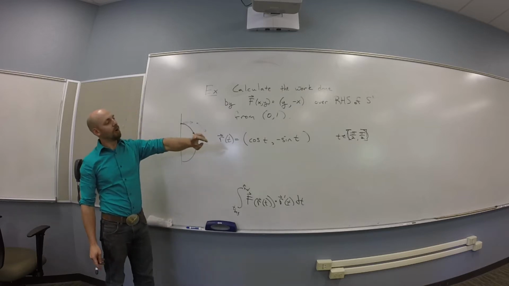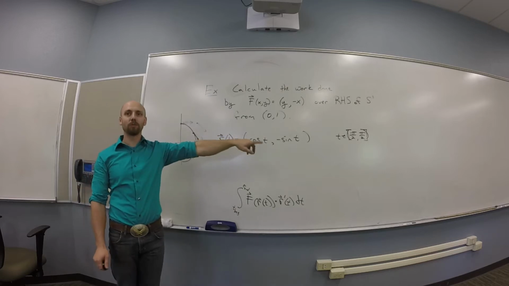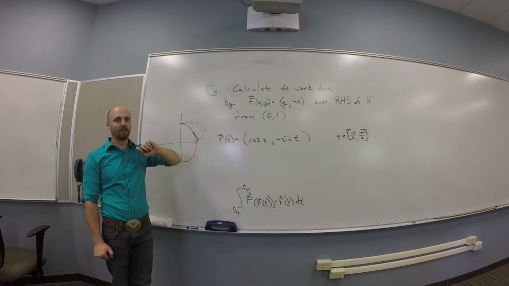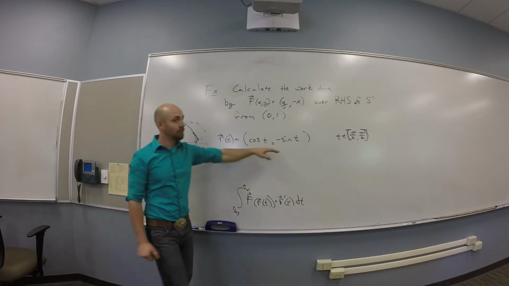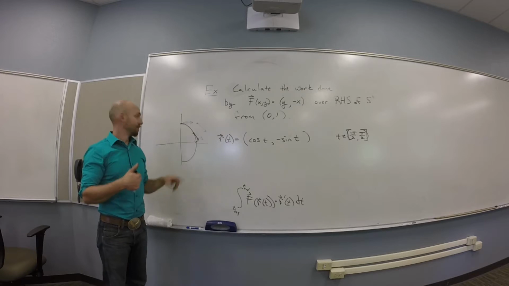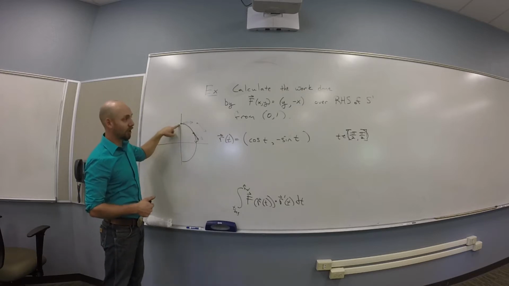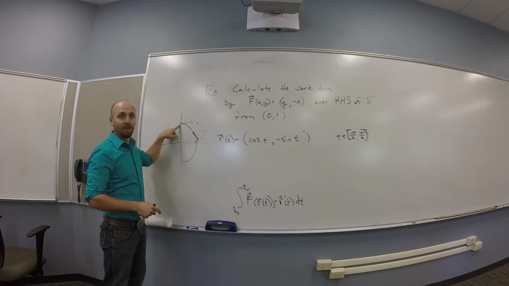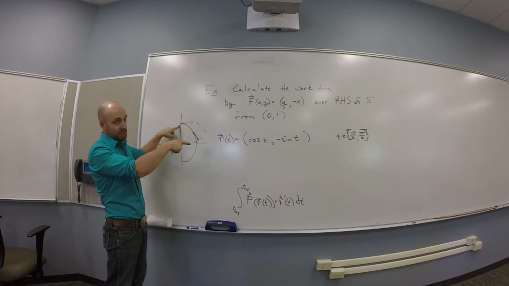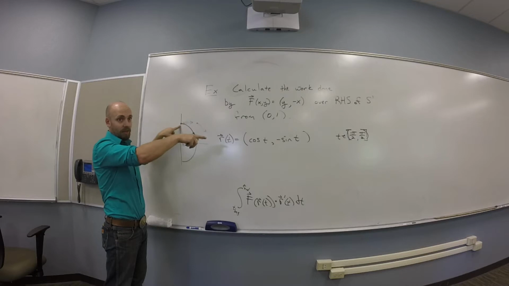Okay, so I would like to make sure that this works, right? So I should plug in minus pi over 2 first, just to make sure I'm getting 0, 1 out, right? Which you do. If I plug in minus pi over 2, I get 0 out of cosine and negative 1 out of sine, and a negative sine turns it into a positive one.